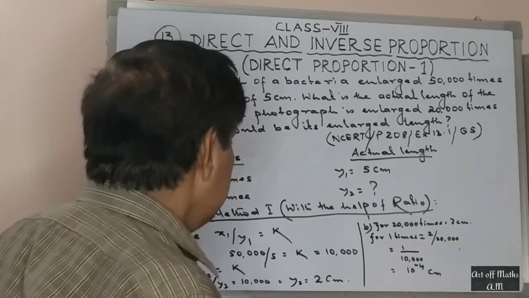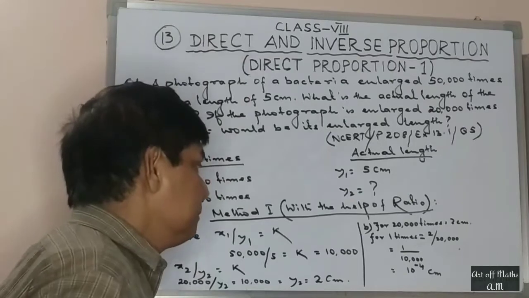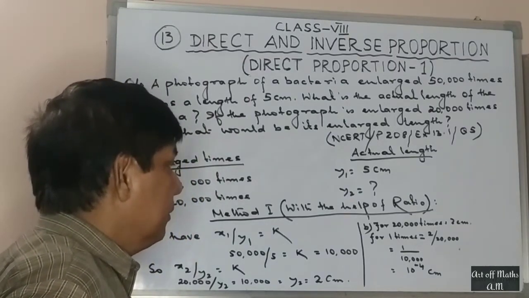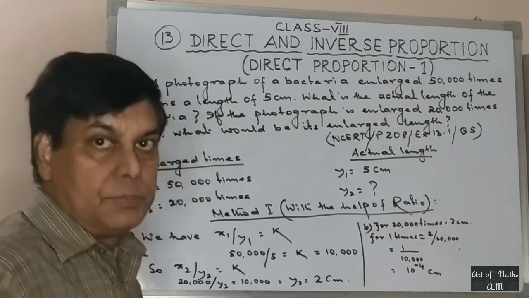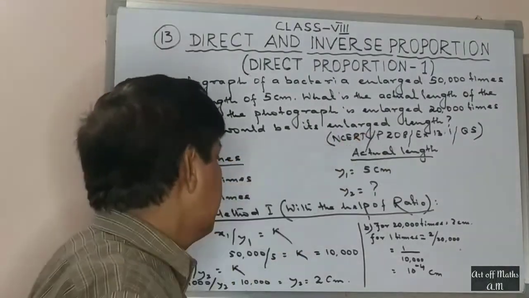What would be the enlarged length? That means this many centimeter, 10 to the power 4 minus 4. This is for the b part up to this.